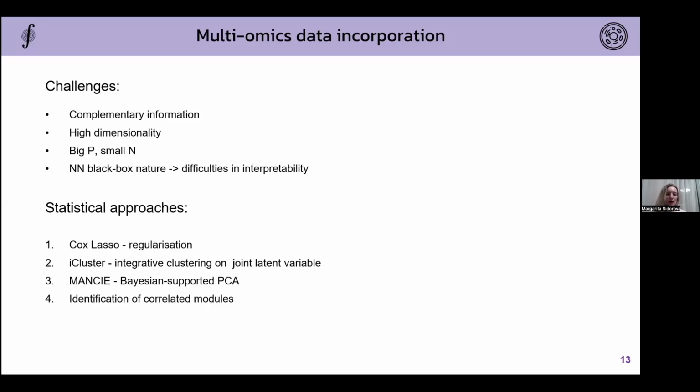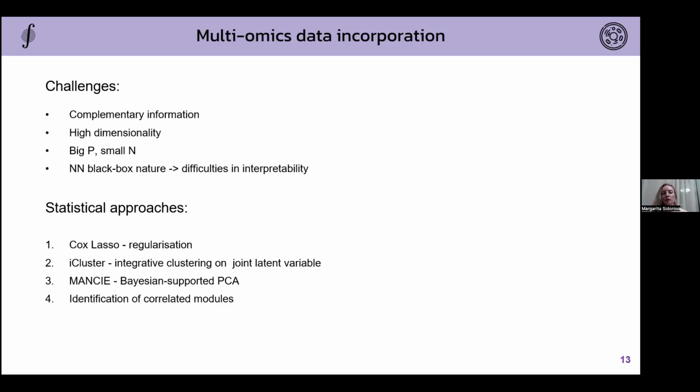First of all, because omics data usually, all the processes within cells, they are interconnected. Therefore, lots of information in multi-omics data are complementary. And there are lots of correlations within multi-omics data. Also, multi-omics data has high dimensionality, which is also a very, very huge problem.